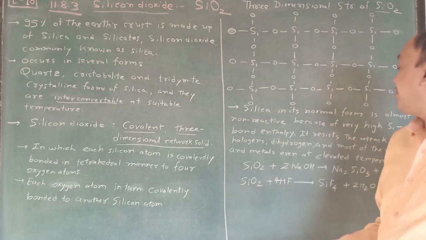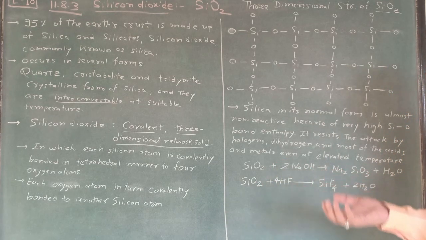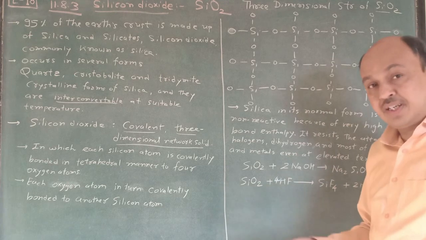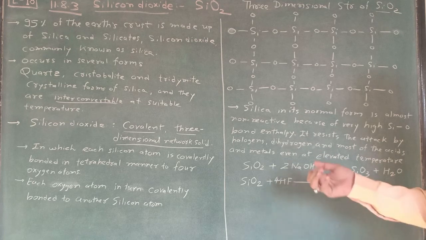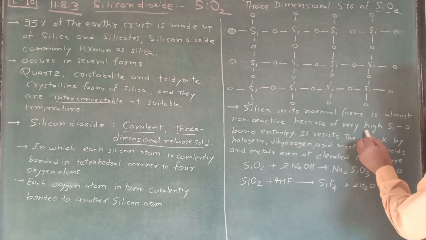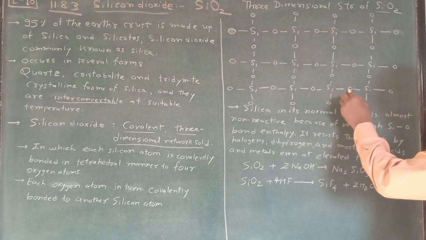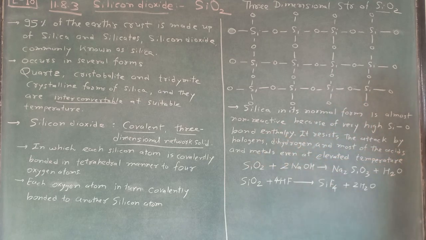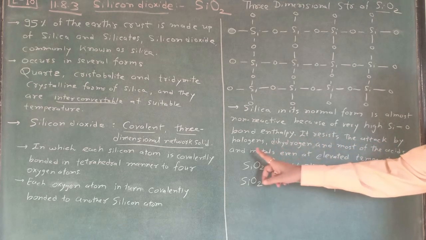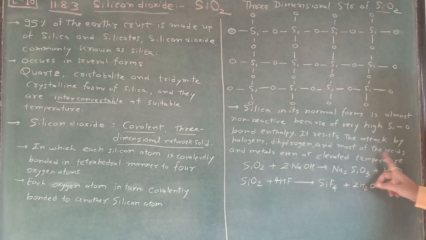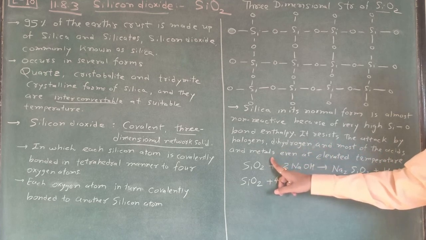It does not react with H2 gas or Cl2, and most of the acids and metals, because of the very high silicon-oxygen bond enthalpy. We require more enthalpy to break this bond, and that's why it is not possible. It resists the attack by halogens, dihydrogen, and most of the acids and metals.